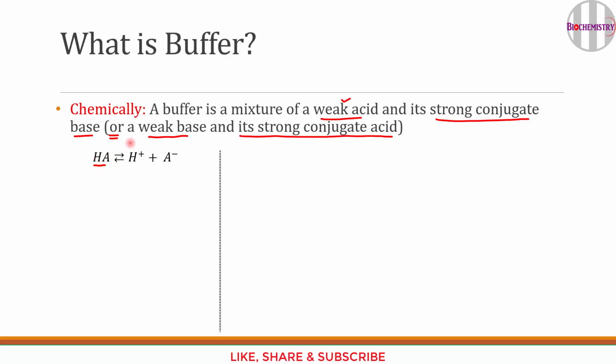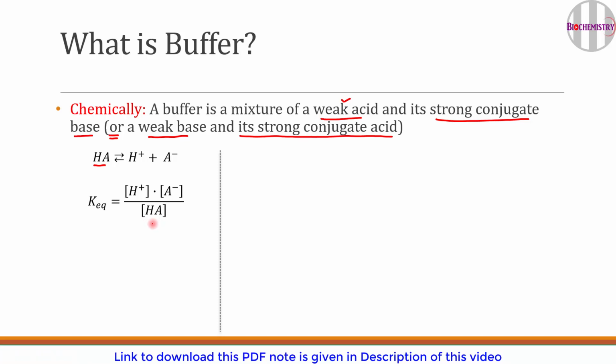Right? So we can write mathematically that this Keq, the equilibrium constant, is equal to the molar concentration of H plus into the molar concentration of A minus divided by the molar concentration of HA. Remember, here HA is the weak acid and this A minus is the conjugate base.